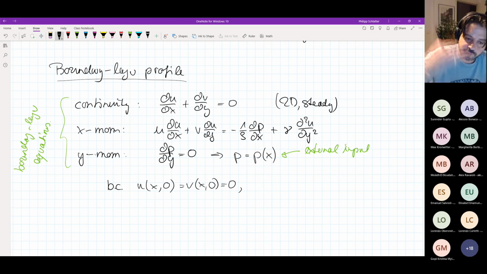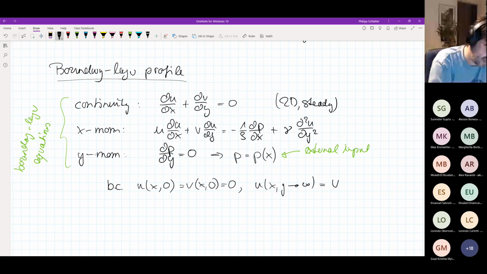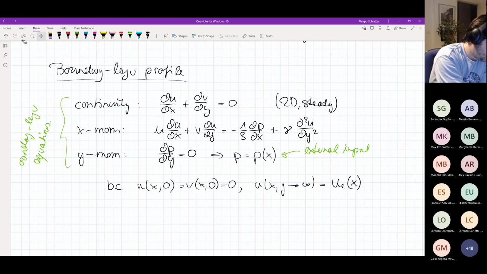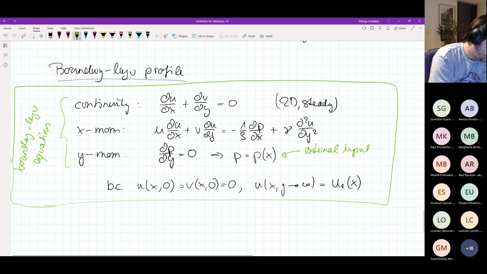And we also know that we have some free stream conditions further away, namely that U at any x, with y going to infinity, should be UE of x, my edge velocity. So this set of equations is what I need to solve in order to calculate my boundary layer profile.